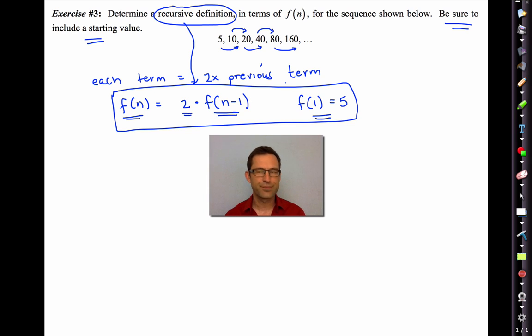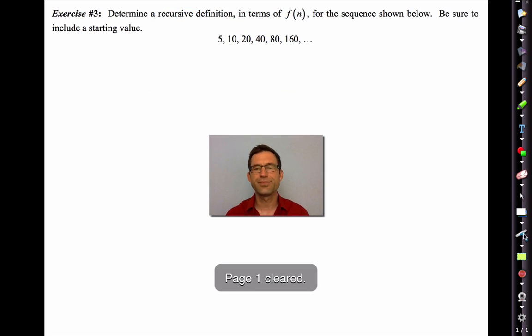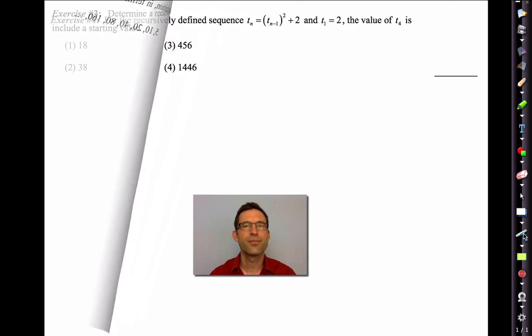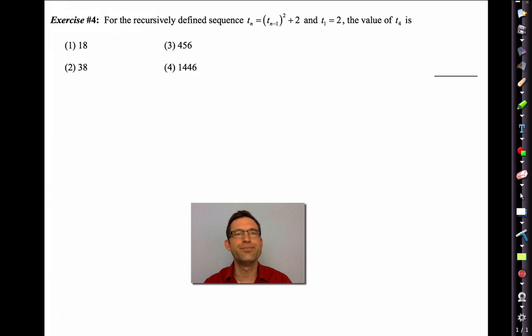All right, pause the video now. We'll clear it out. We'll try a multiple choice question. Okay, let's do it. Exercise 4. For the recursively defined sequence, what is the value of t of 4? So pause the video now and play around with this, okay?